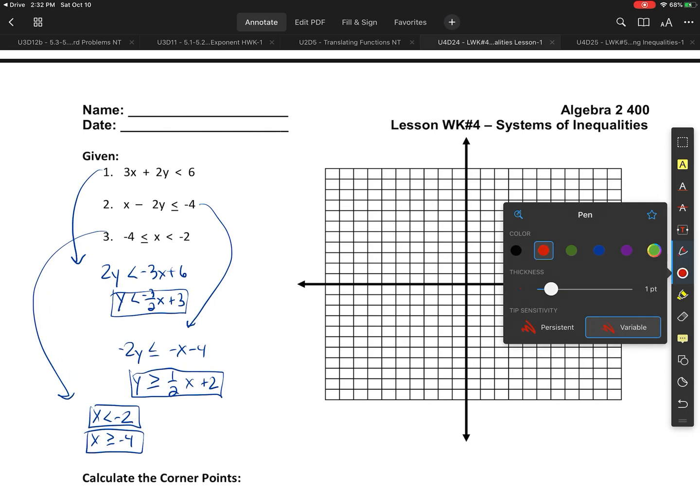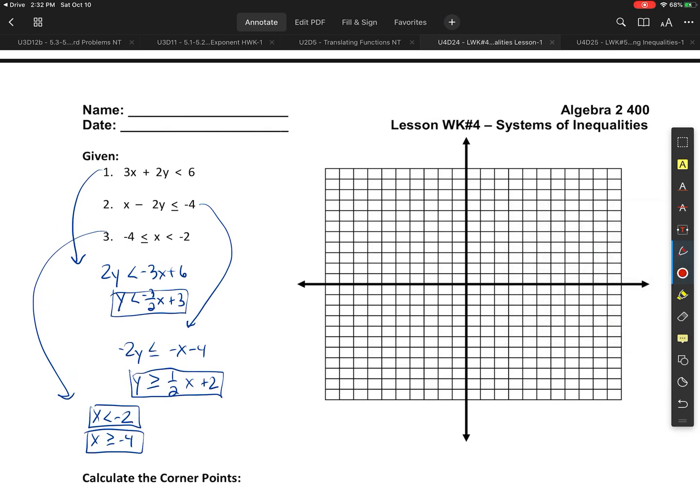All right, time to graph. All right, so I got my train tracks. I got a line at negative 2, which is dotted. I got a line at negative 4, which is solid. I can graph equation 1. I got my y-intercept at 3. And then I'm going up 3 over 2, up 3 over 2, down 3 over 2, down 3 over 2, down 3 over 2.